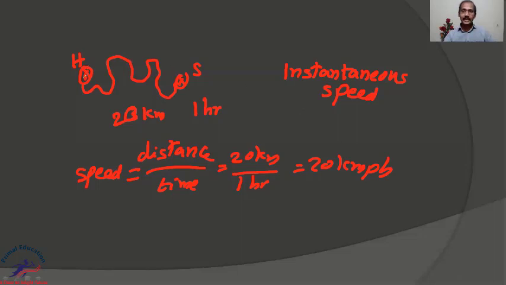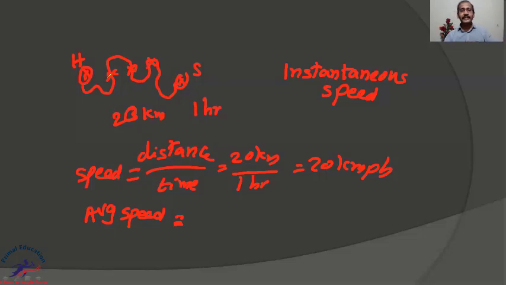But from starting point to ending point, if you calculate the total distance by total time, that we can call it as average speed. Average speed is nothing but speed only. The difference between average speed and speed is that we are calculating from starting point to ending point. For example, there are some bus stops.